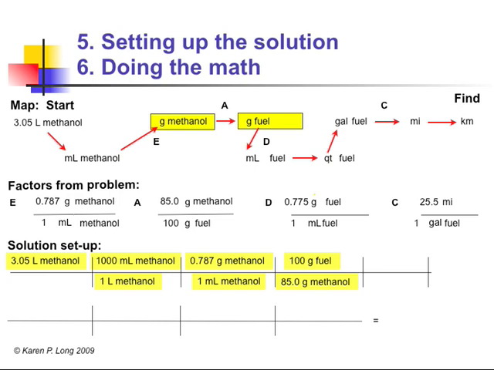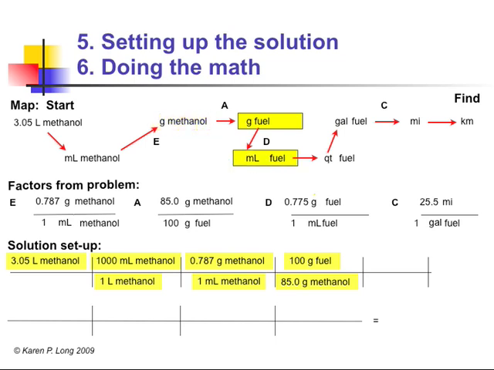So we have the grams of methanol on the bottom of the factor to cancel grams of methanol on the top of the previous factor. This means that our solution so far is being divided by the 85% methanol, but we didn't have to figure that out because it is going to be determined by the units here.